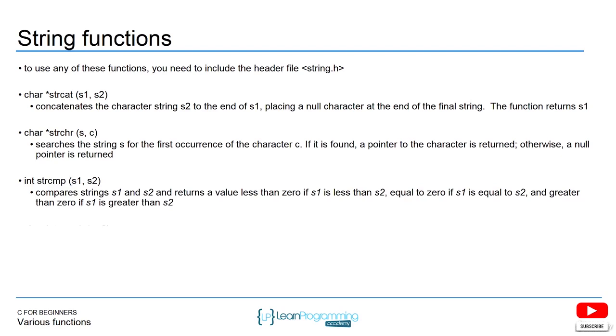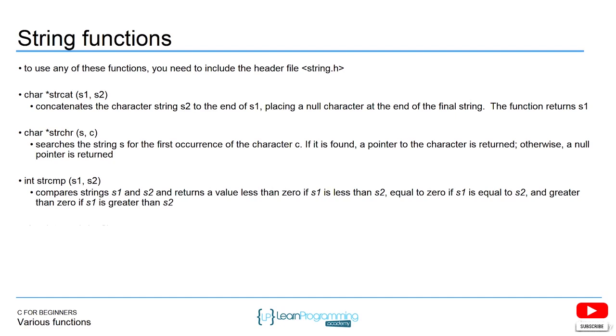strcmp is going to compare two strings. This is the standard way you do it. It takes two pointers and it returns an integer. We did have some examples of this where, basically, if you return 0, the two strings are equal. If you return greater than 0, that means s1 is usually greater alphabetically.